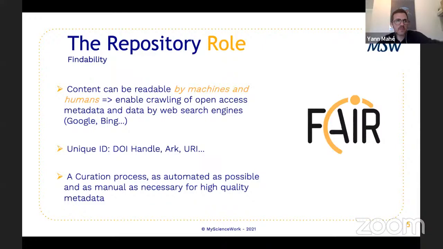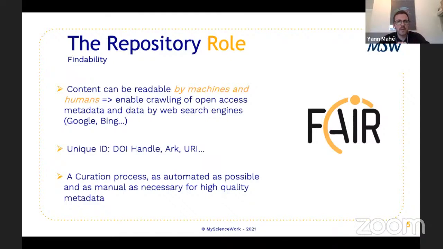appropriate as possible. To do this, repositories can nowadays embed some technologies, and I will not spend too much time on that because probably we can organize just a workshop talking about how technologies can help to make data FAIR.